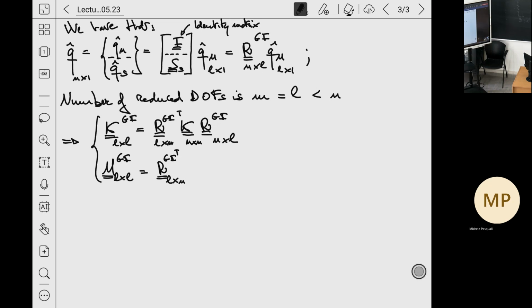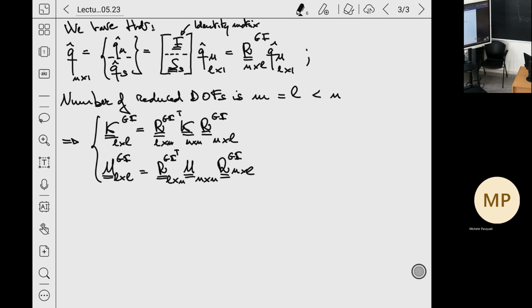From the conservation of the kinetic energy, of the elastic energy between the reduced and the original system, you derive a relationship between the reduced and the original stiffness and mass matrices. So this is the Gaussian iron method.